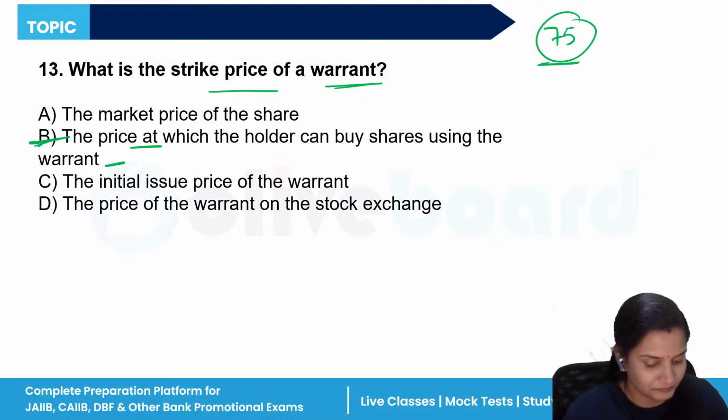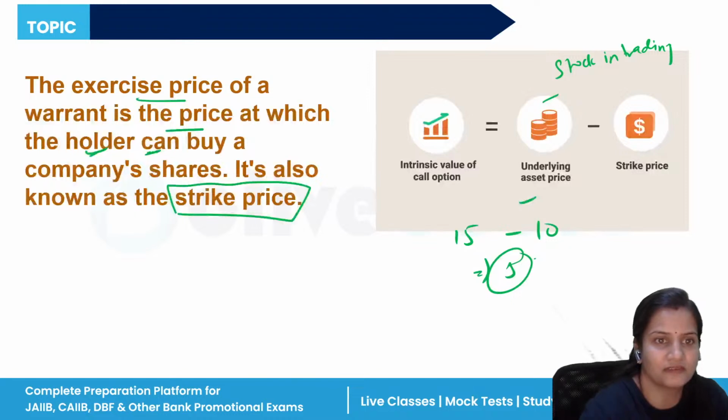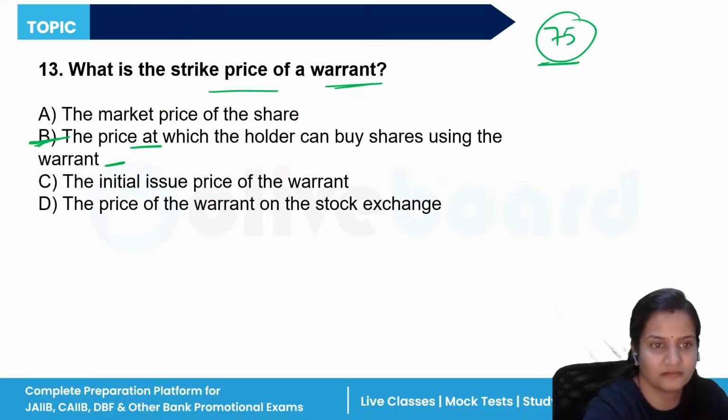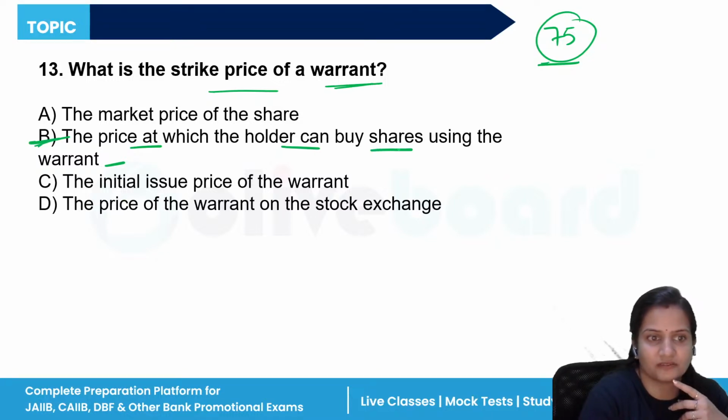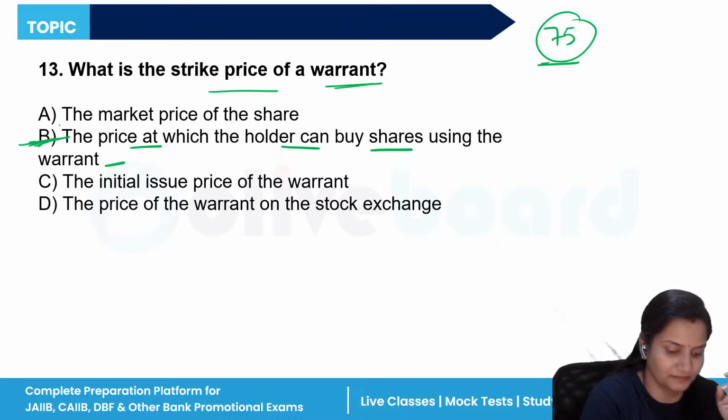Clear? The price at which the holder can buy the shares using the warrant, so this will be the correct answer.